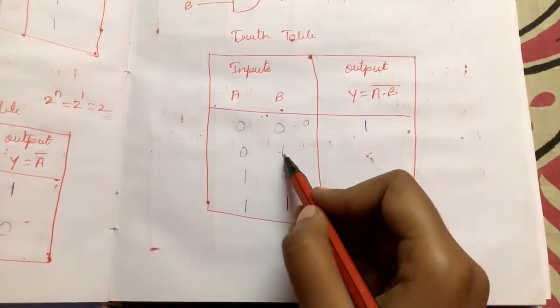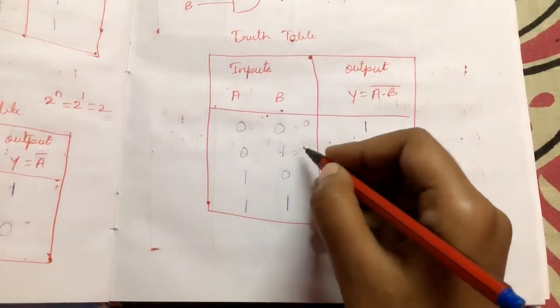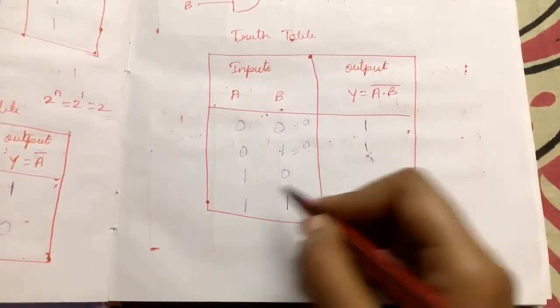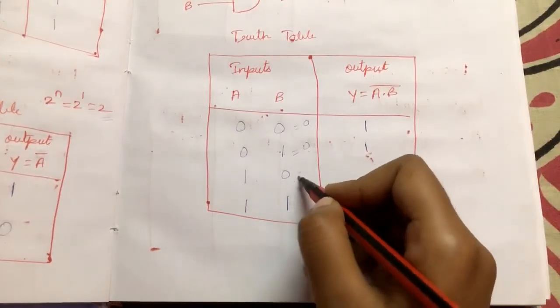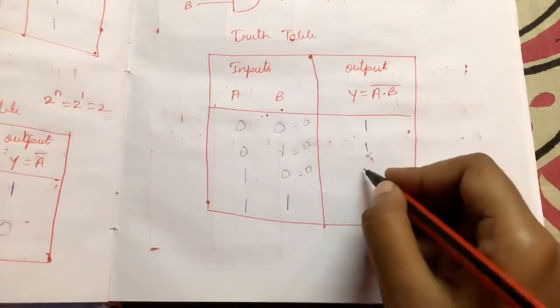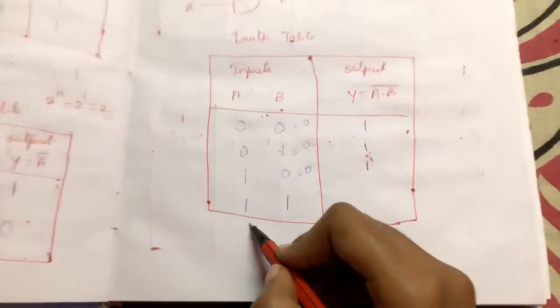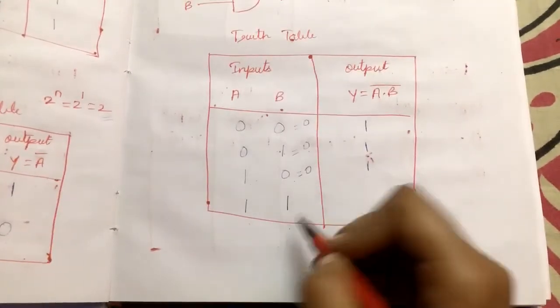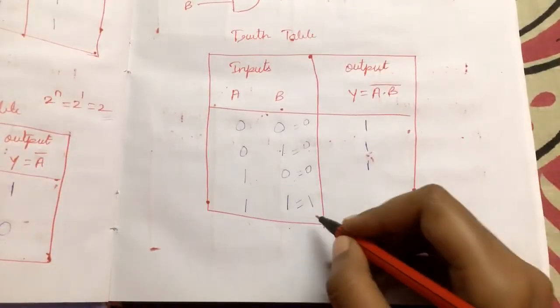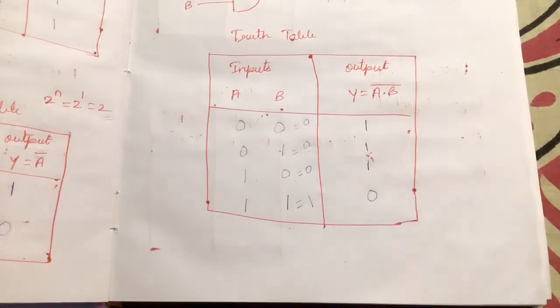Now 0 into 1 is 0. The complement of this 0 is 1. Again 1 into 0, again 0 will be got. The complement of this is 1. Now 1 into 1, we will be getting 1. So the complement of 1 is 0. So this is how we are going to represent the NAND gate.